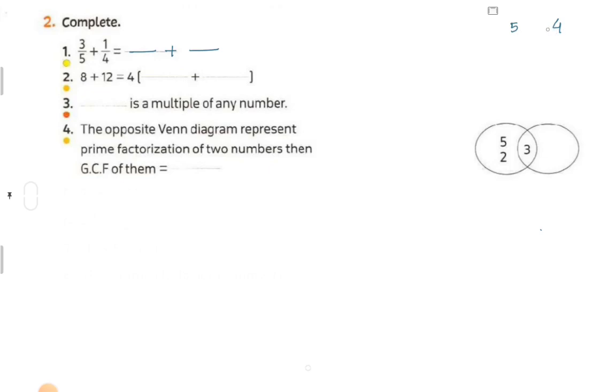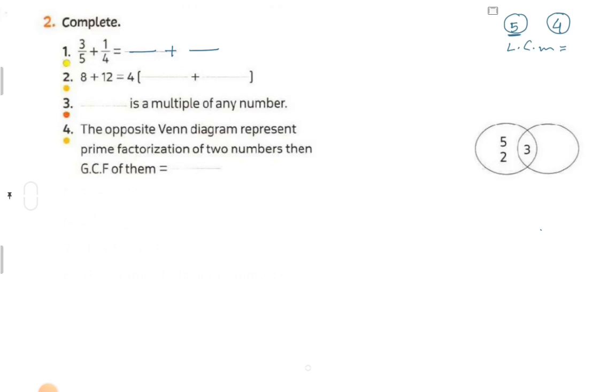Okay, so the second way to look at them clearly: is either of the two numbers a prime? Yes, 5 is a prime number. So to find the LCM, just multiply the two numbers because 5 is a prime.